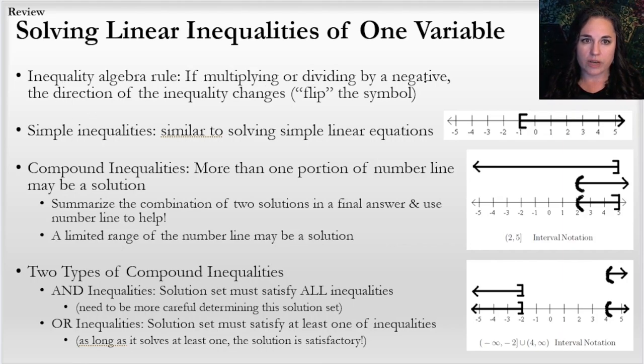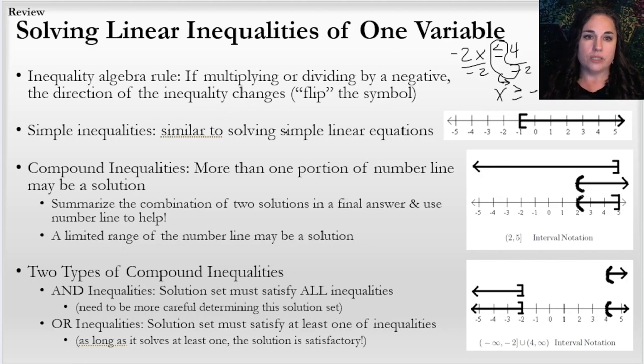If multiplying or dividing by a negative with an inequality, the direction of the inequality changes. So for instance, if I have -2x is less than or equal to 4, if I divide by -2 on both sides, I'll get x is greater than or equal to -2. You see, because I divided by that negative sign, the inequality changes direction. So that's what that is.